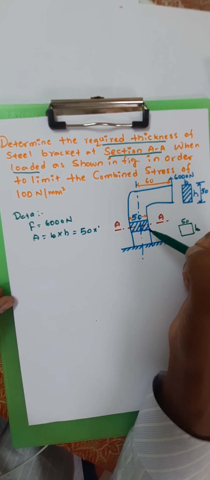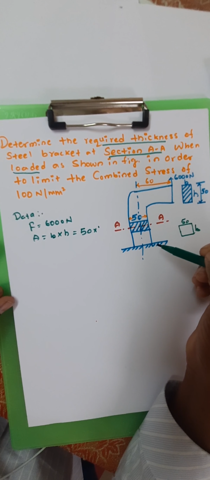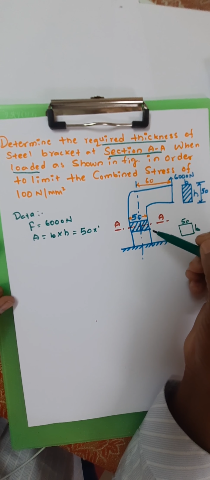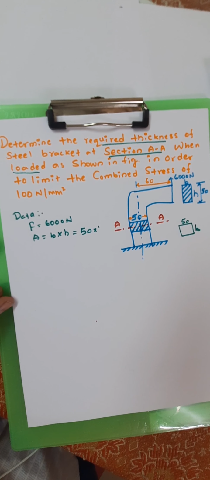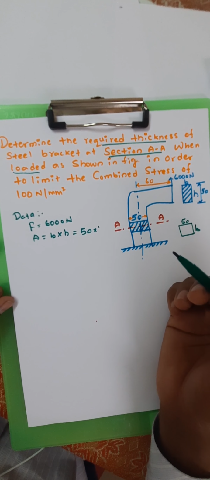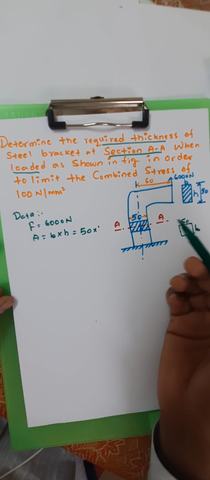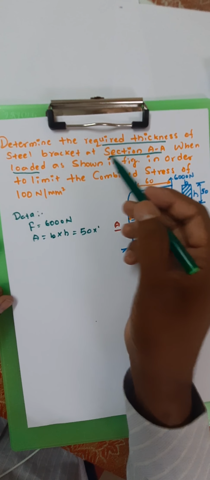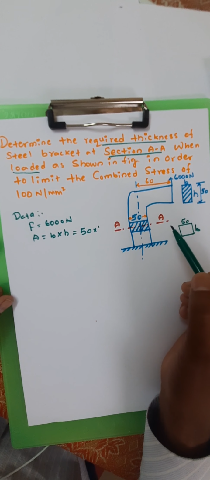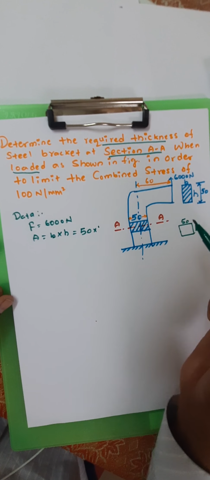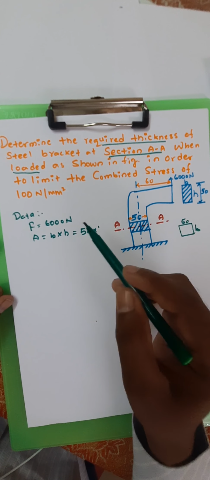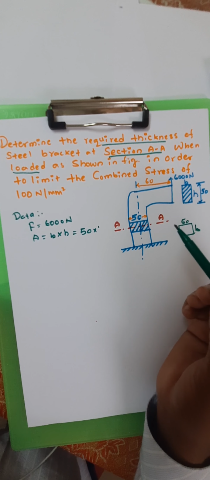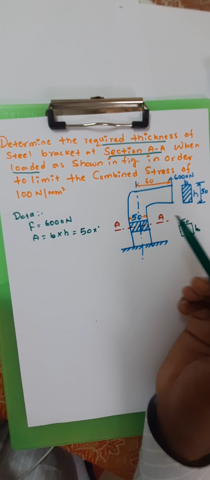This is the steel bracket which is given in this problem. We need to determine the thickness of the steel bracket at section AA when loaded as shown in the figure, in order to limit the combined stress sigma to 100 Newton per mm square.